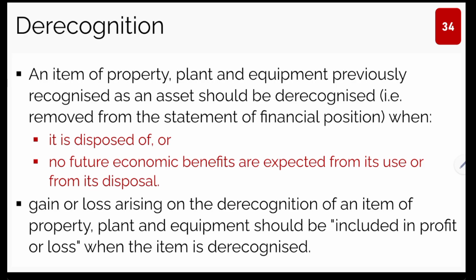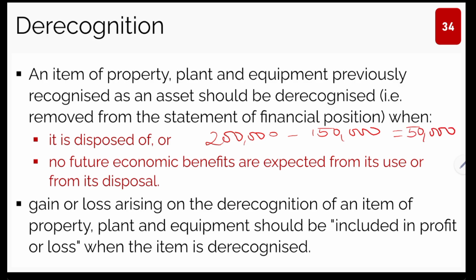So gain or loss arising on the derecognition of an item of PPE should be included in the profit or loss when the item is derecognized. So remember there's a gain or loss on it. The carrying amount of an asset is 200 and you've taken depreciation up to the tune of 150. So the carrying amount now after the accumulated depreciation over the period is 50.